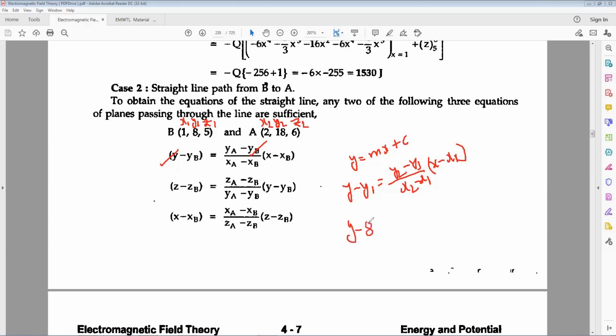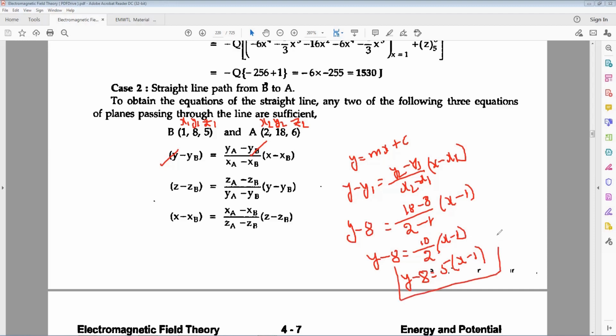Y1 if I am taking as 8, and y2 is 18 minus 8, and x2 is 2 minus 1, and x minus x1 is 1. So y minus 8 is equal to 18 minus 8 is 10, 10 by 1, x minus 1. So y minus 8 is equal to 10 into x minus 1. Okay, that is the first one.